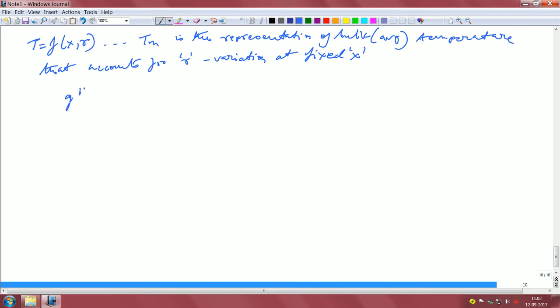So, you have q double prime 2 pi r naught dx equal to m dot Cp dTm, okay. Now, what will be your m dot in this particular case? m dot can be represented by the average axial velocity that we just derived a few moments earlier.